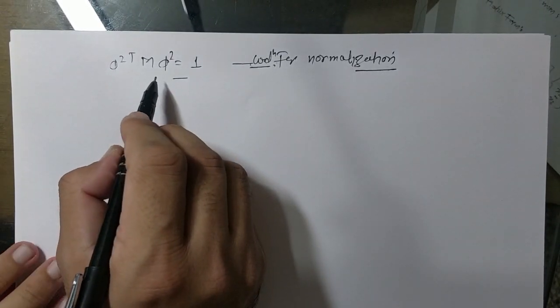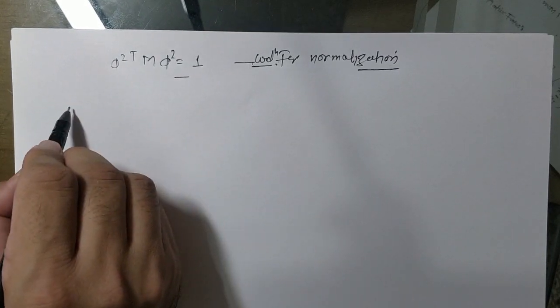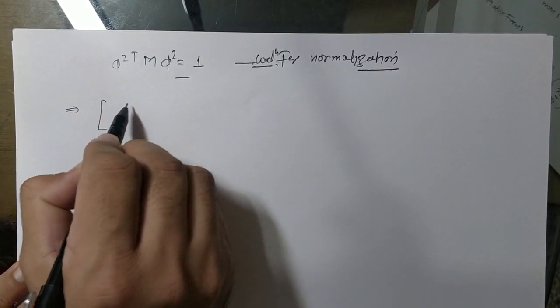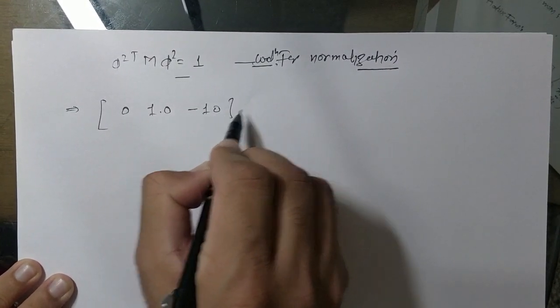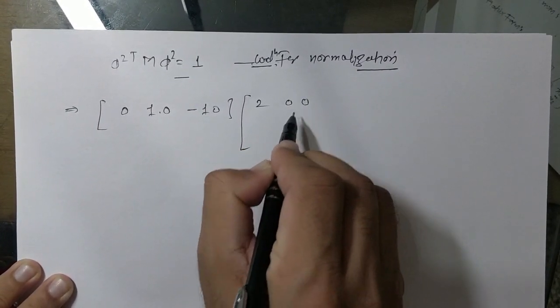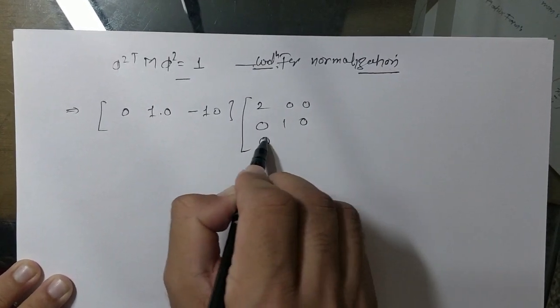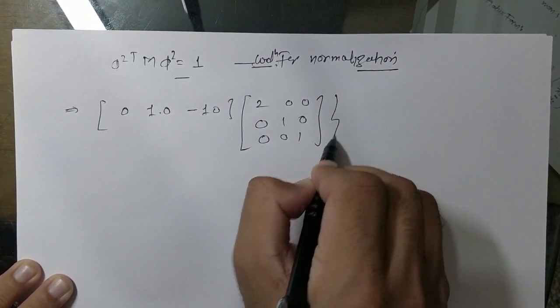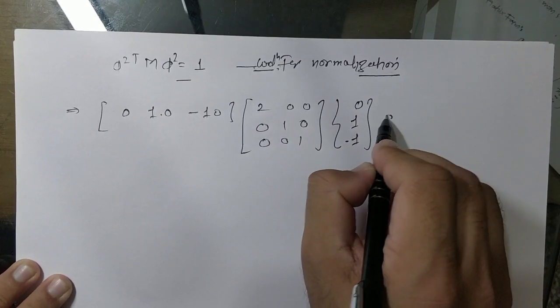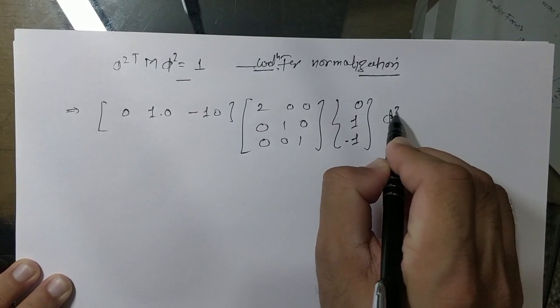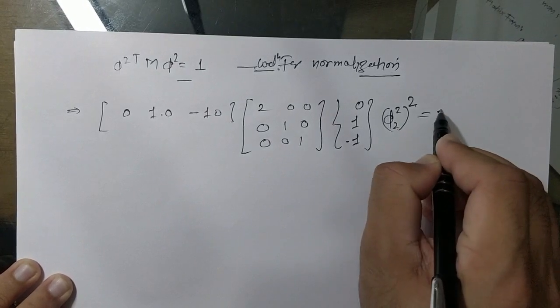If we insert the value of phi 2, this becomes 0, 1 and minus 1. This is our mass matrix 2 0 0, 0 1 0, 0 0 1, and 0, 1, minus 1, and this becomes phi 2 square is equal to 1.